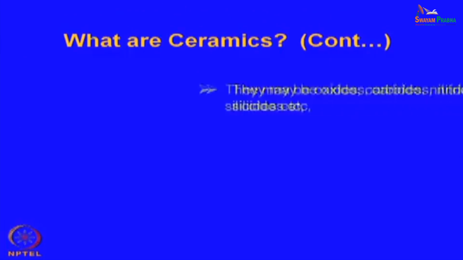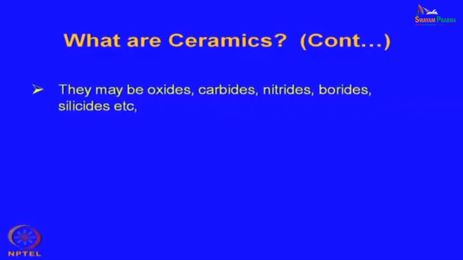Well, to continue, what are ceramics? We also have, in addition to oxides, carbides, nitrides, borides and silicides. That means a combination of metal with carbon, a combination of metal with nitrogen, a combination of some metal with boron and also silicon.